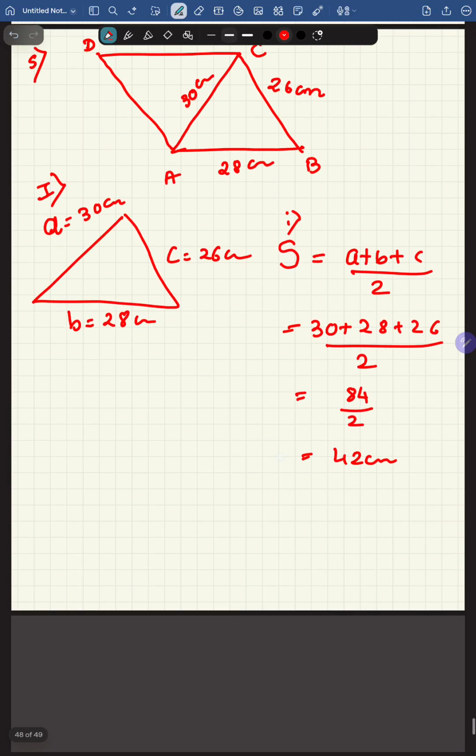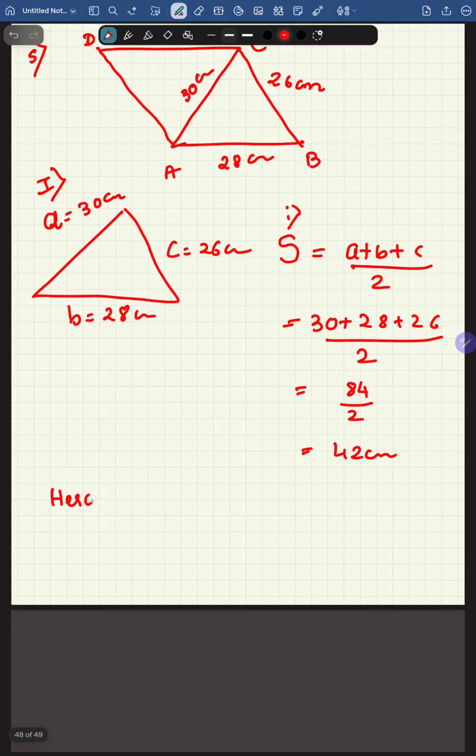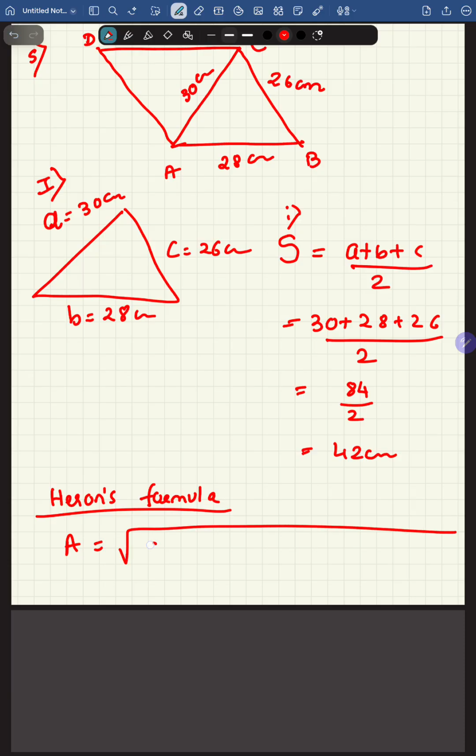Then what is Heron's formula? Just note it down. To find the area of a triangle, it is the square root of s(s minus a)(s minus b)(s minus c).